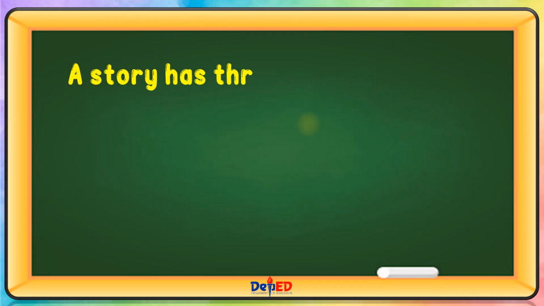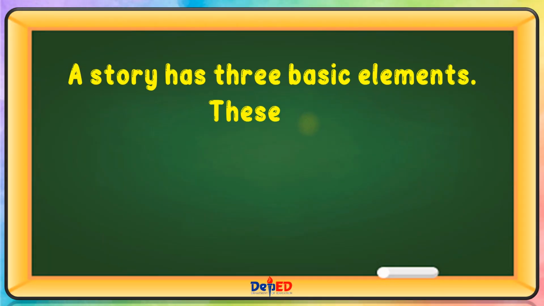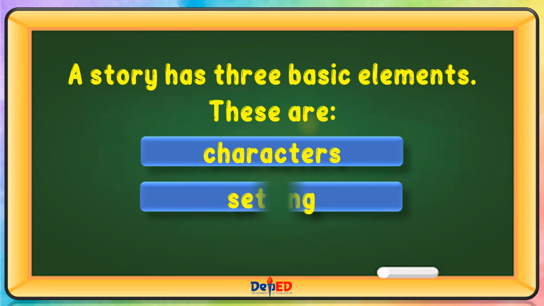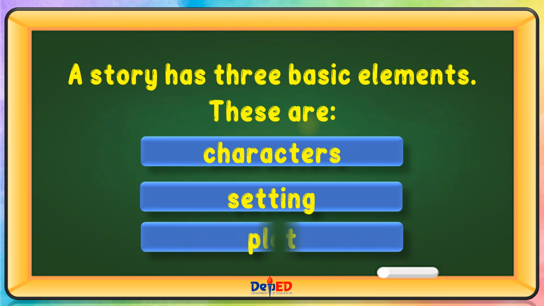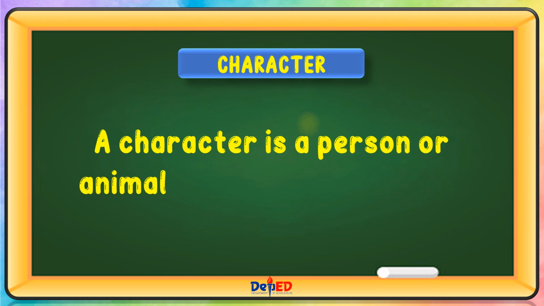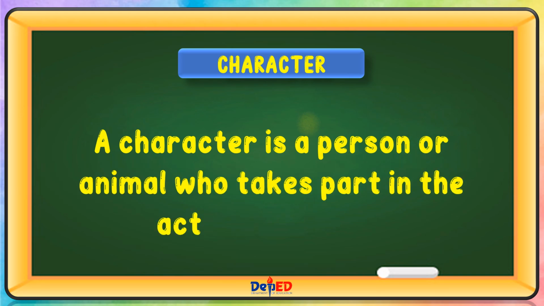A story has three basic elements. These are characters, setting, and the plot. Character. A character is a person or animal who takes part in the action in a story.